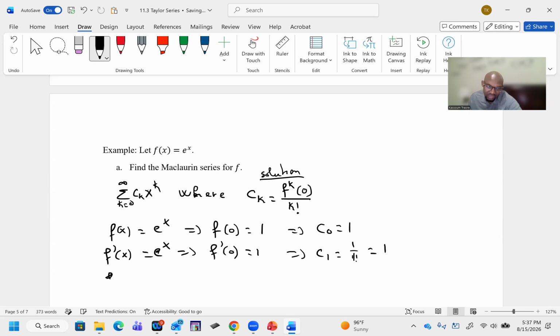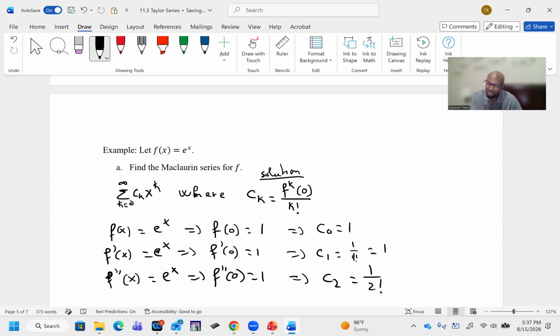The second derivative of f of x would still be e to the power of x, and the second derivative of f at 0 would be 1, but my c2 would be 1 divided by 2 factorial.